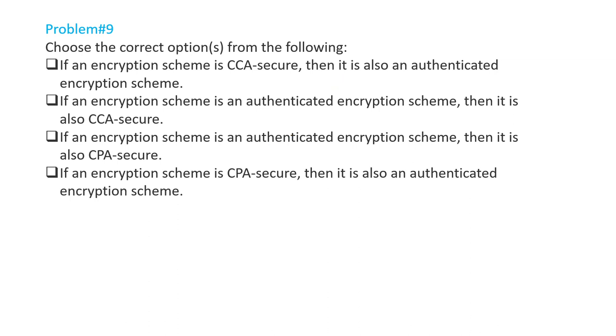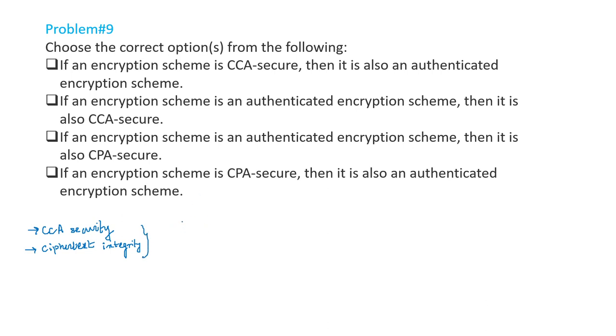If you remember, when we say authenticated encryption, two properties are required for an authenticated encryption scheme. One is CCA security, chosen ciphertext attack security, and there is this ciphertext integrity. So these two are required properties of an authenticated encryption scheme.